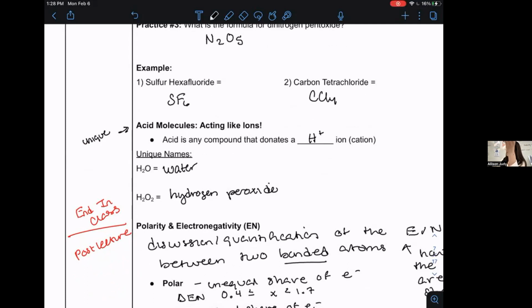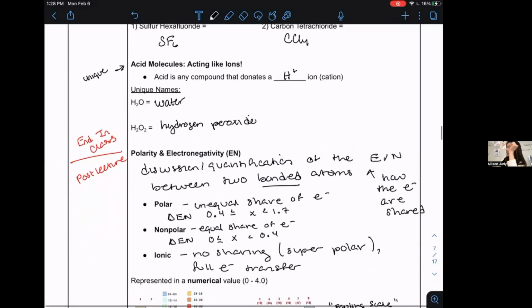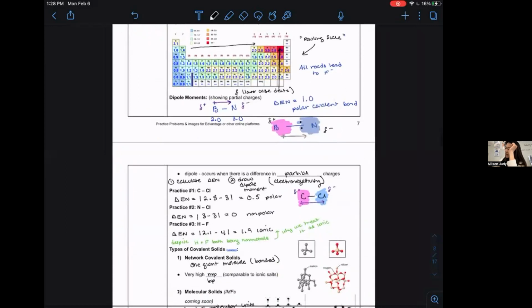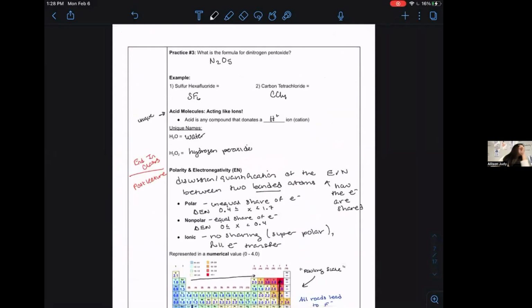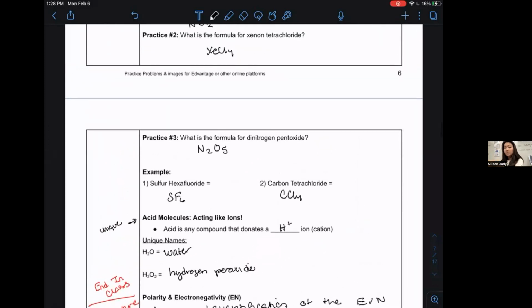Okay. I definitely did not think we were going to finish in time. So I stopped here and made the post lecture starting now, where you start digging into polarity more specifically and how to calculate it, as well as metallic bonds. But it looks like we are 20-ish minutes away from class ending. So I'm going to stop here.